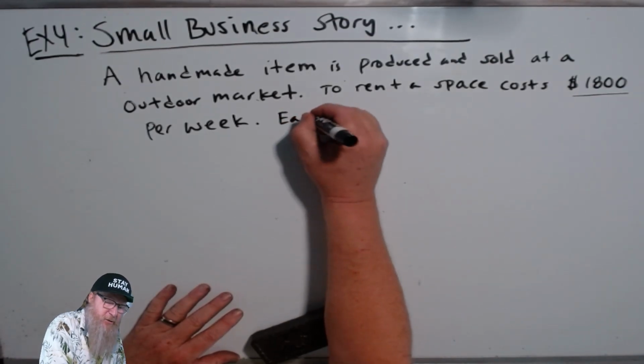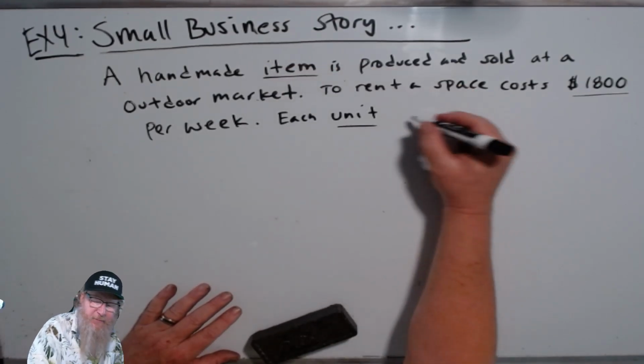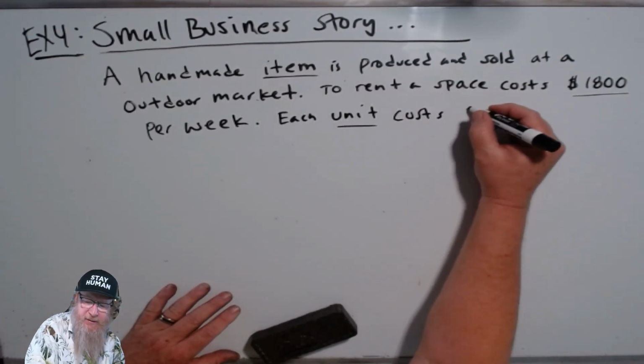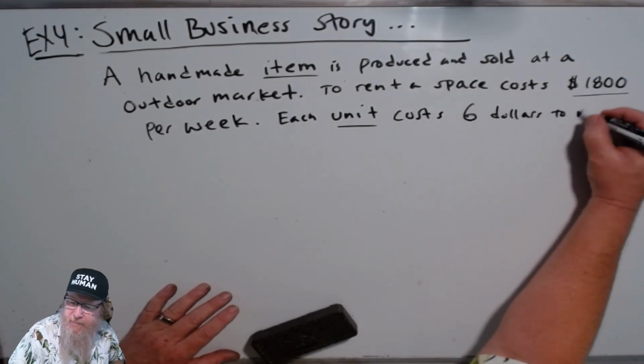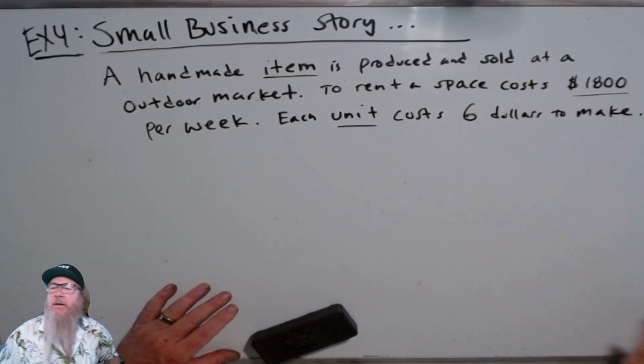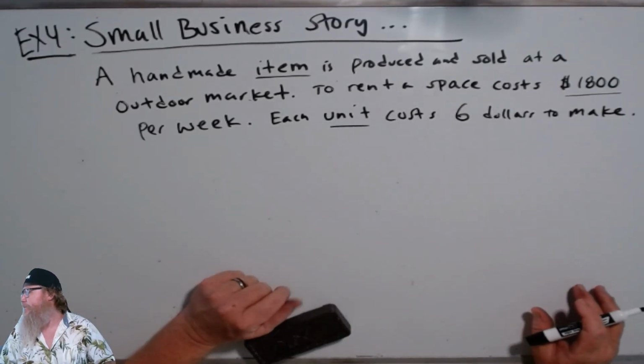Each unit, remember, a unit and an item are the same thing, costs $6 to make. So it costs me $6 to make each one of these items.